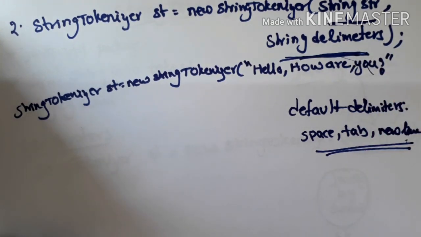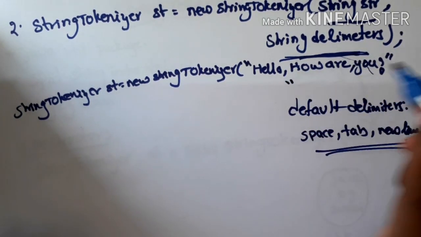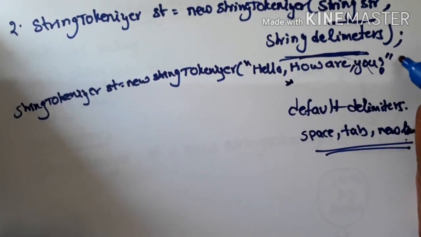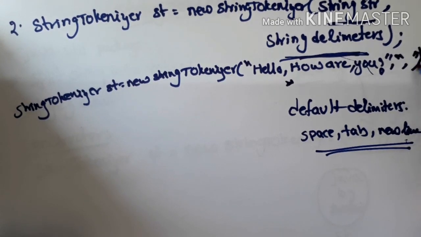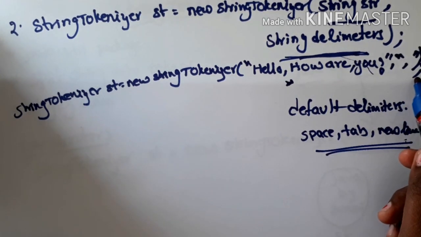Where I want to split my string is nothing but my delimiters. I want to split my string wherever there are commas, so I am specifying this in double quotes. So this is the second method for creation of the StringTokenizer object.